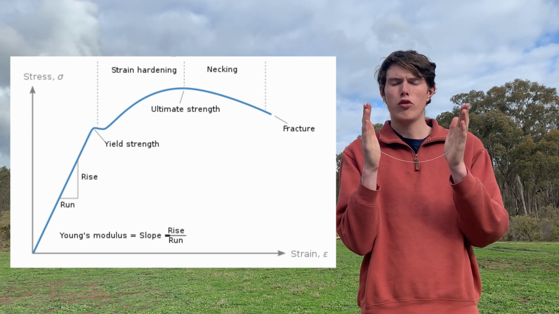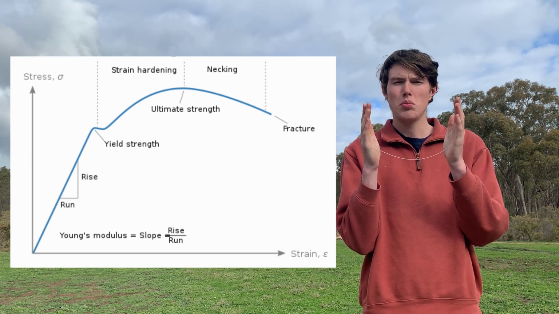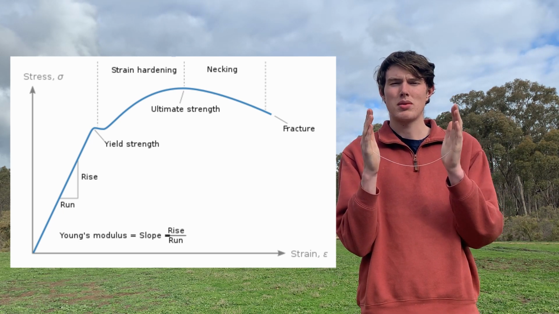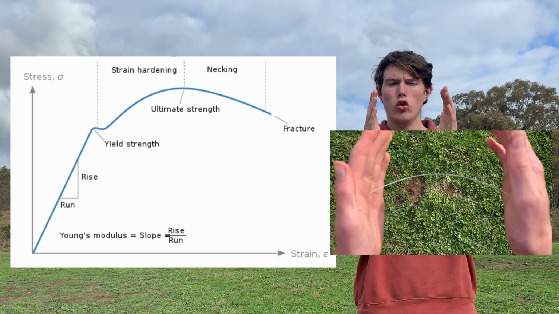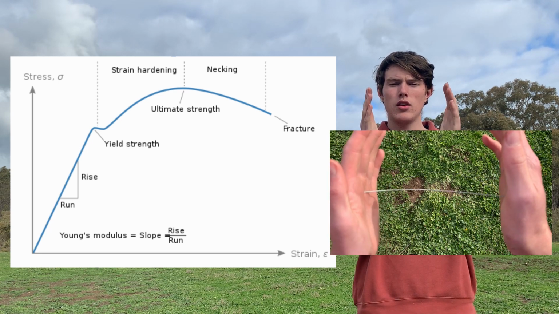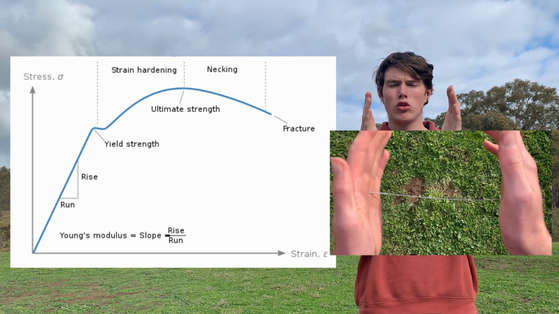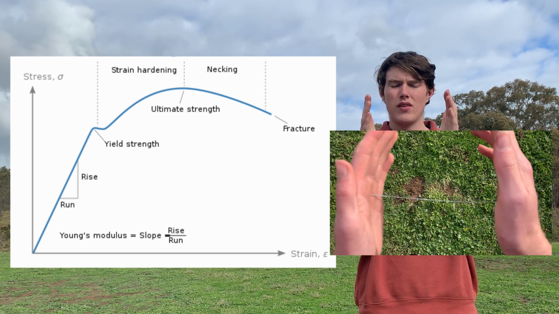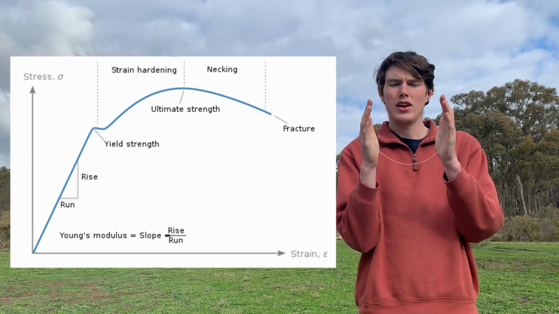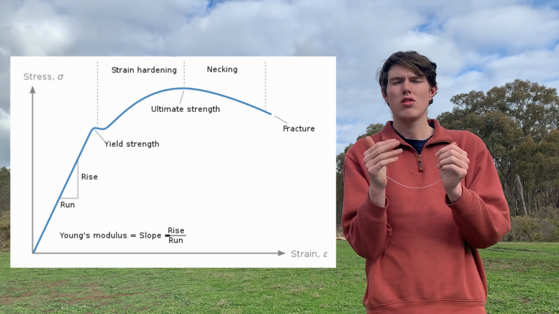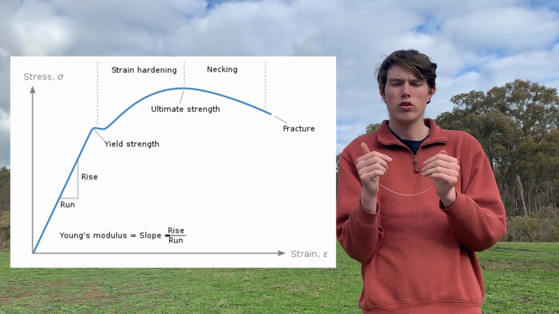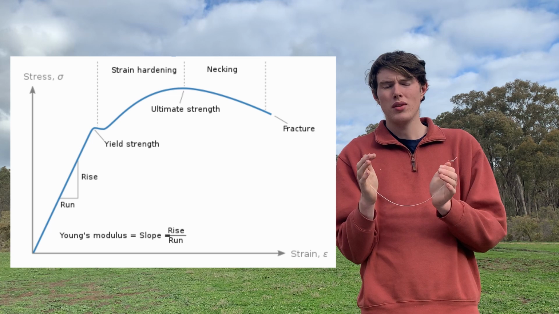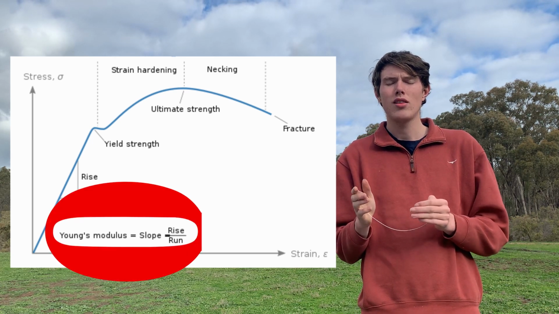This is the point where force can be applied and the object will return to the exact same state that it was before. So I apply force and retract, and you can see this wire keeps retracting to where it was. Within that, we'll be able to calculate the Young's modulus, which is the slope of the graph at this point. Calculating the slope can be easily done by the rise over the run.